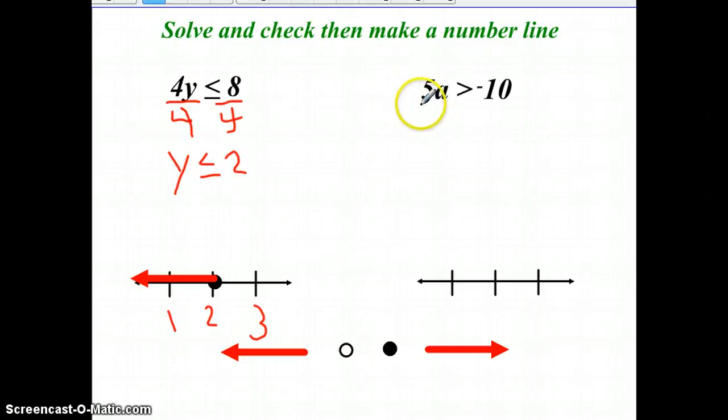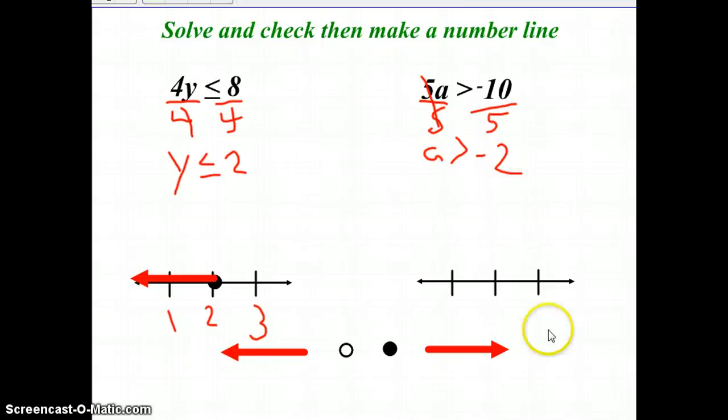Okay, then we go over to this one. Here again, 5a means we're multiplying 5 times a. So we're going to do the inverse. We're going to divide by 5. And now these cancel out. A is greater than negative 2. So then we go up to graph.